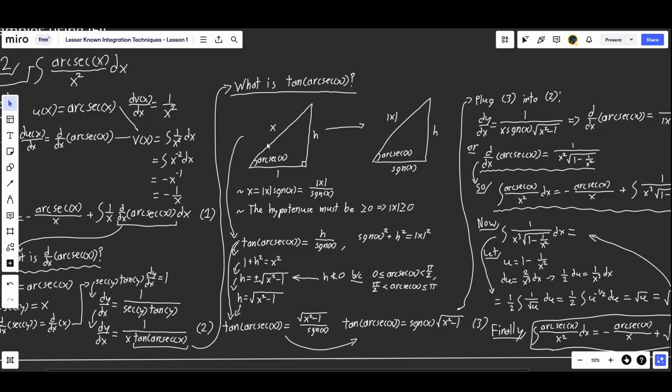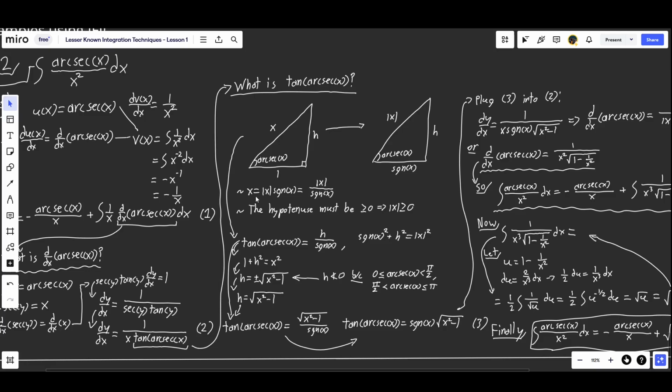But this is a problem because if x is negative, then the hypotenuse would be negative, and that is contradicting how the hypotenuse is defined. So we need to find an alternative ratio between the hypotenuse and the adjacent side of the triangle that equals x, that does not have x as the hypotenuse and 1 as the adjacent side.